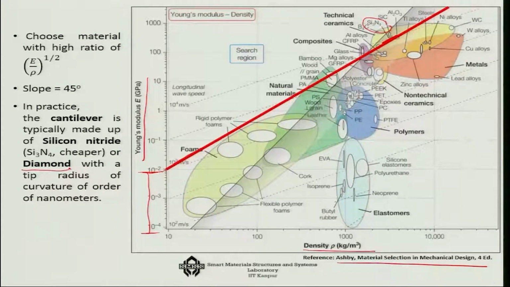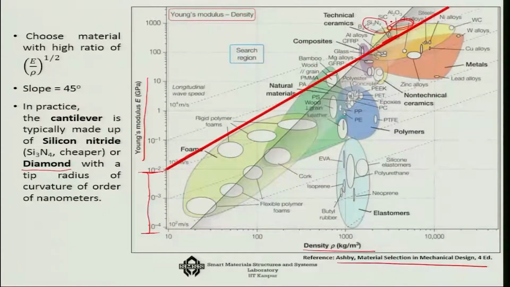It will be somewhat higher than silicon nitride, but silicon nitride is a cheaper solution in terms of cost, hence it is the much more preferred solution. Depending on the application, one may go for some advanced versions of metallic alloys in this region, but generally it is silicon nitride which is used in this particular type of situation.